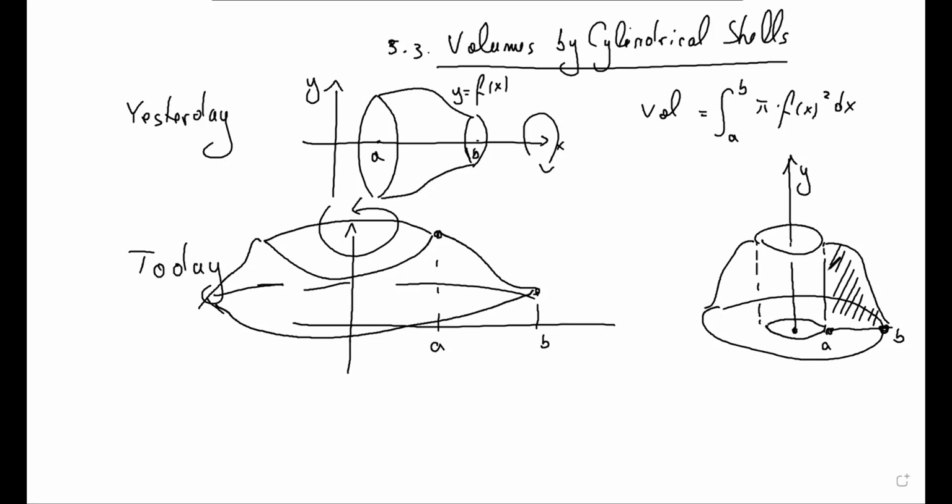We did discuss this yesterday in the context of spinning above the x-axis. Now, when you spin above the y-axis, for whatever reason, they want to make you believe that this is a different situation from the one yesterday, and it is in some way. But as you know, you always have the possibility to switch the x and the y-axis.